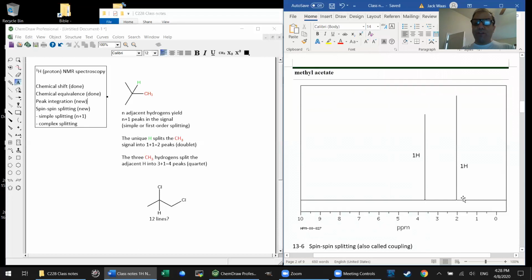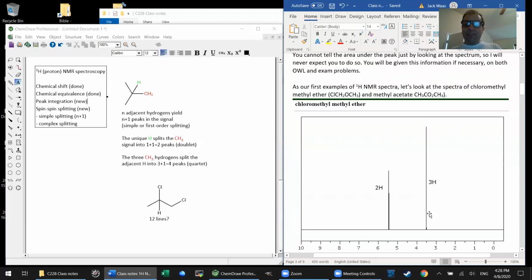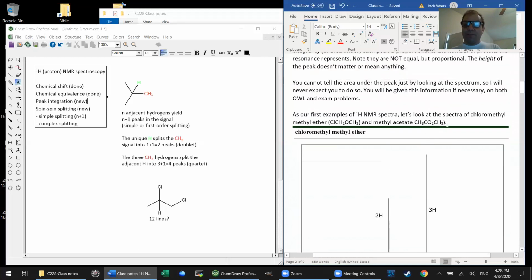Moving on to the spectrum of methyl acetate, the methyl ester of acetic acid. Once again, you go look at the structure, there's just 2 types of hydrogen, one on the ester methyl, so this one's attached to an oxygen, and one on the other methyl, which is different. This methyl group is attached to the carbonyl carbon. This one's attached to oxygen.